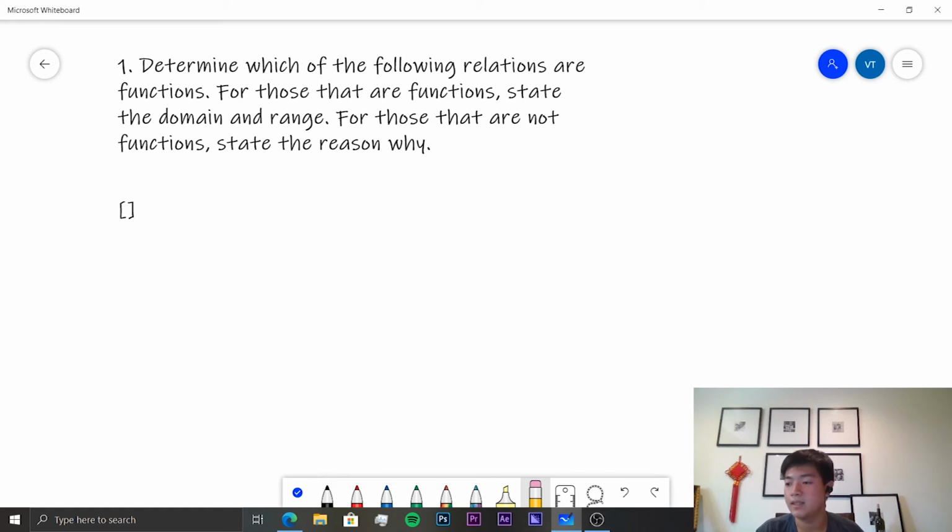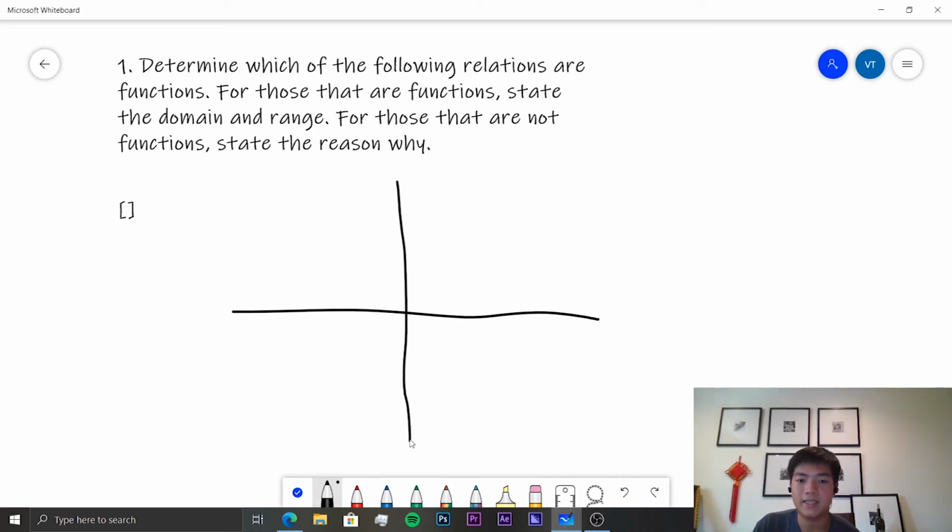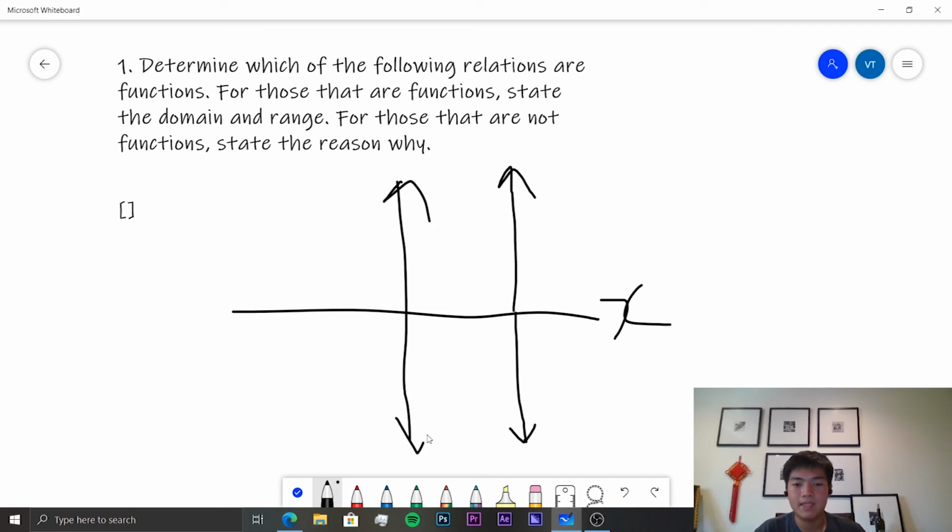Okay, so we need to next determine which of the following graphs represent functions. So I'm going to draw the x and y axes, and our first graph is something that looks like this. And the way to check if a graph is a function is we use something called the vertical line test.